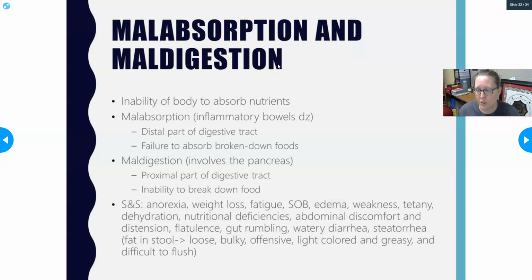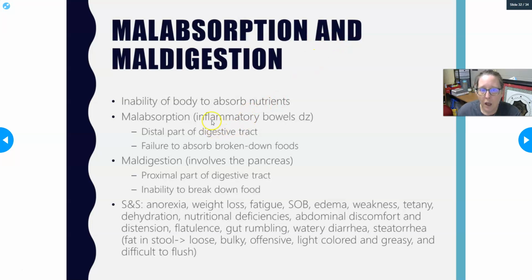Anybody that has issues with the digestive portion of the pancreas, with it producing the proper amount of enzymes like the amylase and lipase and all the trypsinases, all the trypsin and the ones that break down protein, can have problems with maldigestion and then also malabsorption.